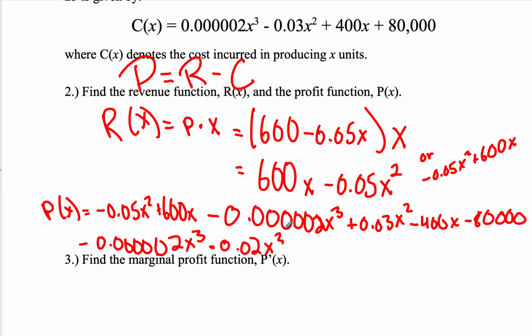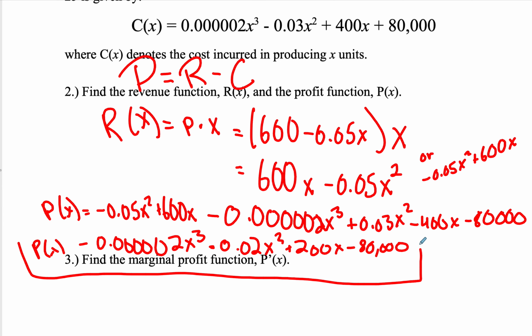All right, and now I have 600 and 400, so plus 200x minus 80,000. That is my profit function, okay?